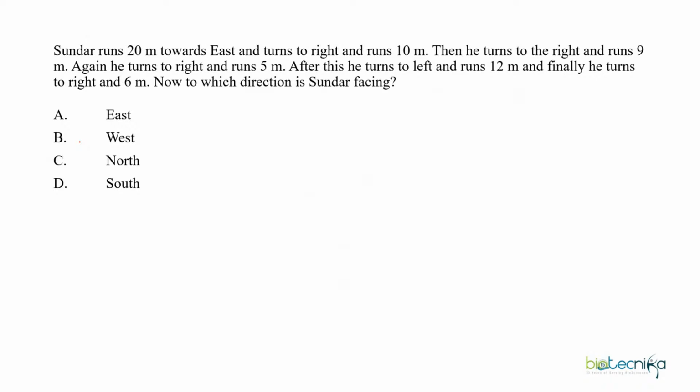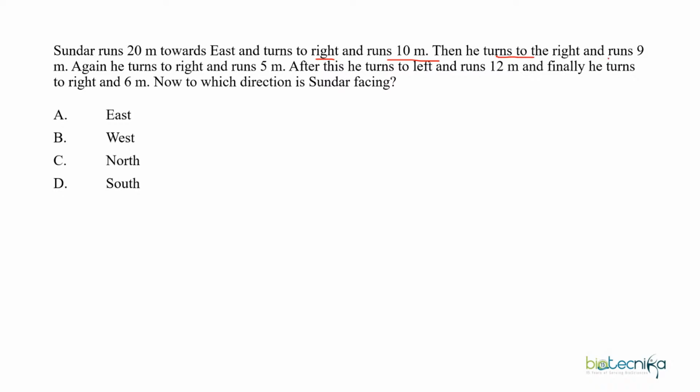So next question, it says Sundar runs 20 meter towards east and turns to right and runs 10 meter. So first he ran 20 meter towards east, then turns to right and runs 10 meter.